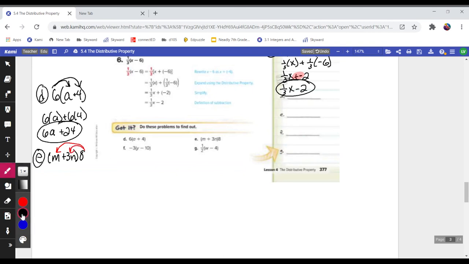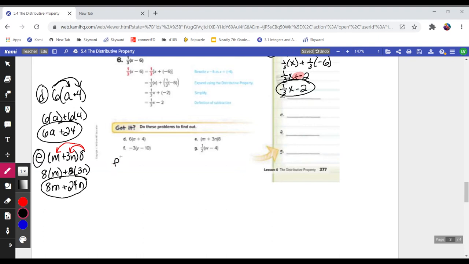Just because it's written on the back doesn't mean that it's going to change how we're solving this. So that becomes 8 times m plus 8 times 3n. 8 times m becomes 8m plus 8 times 3 is 24, so that becomes 24n. Different variables, can't combine them, so that's it.